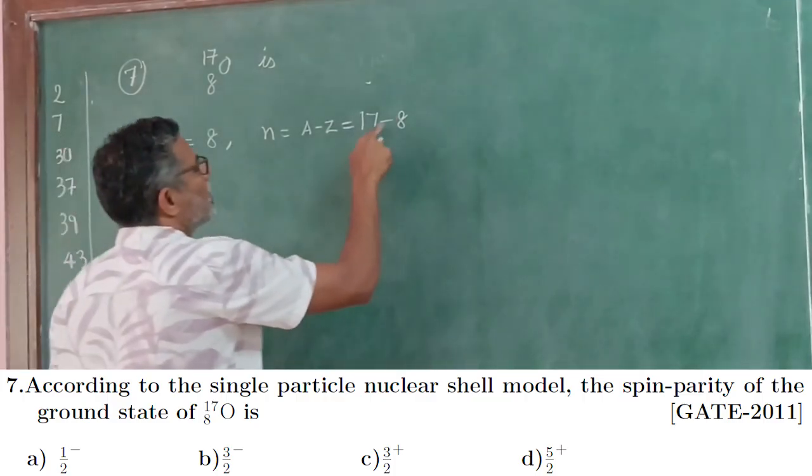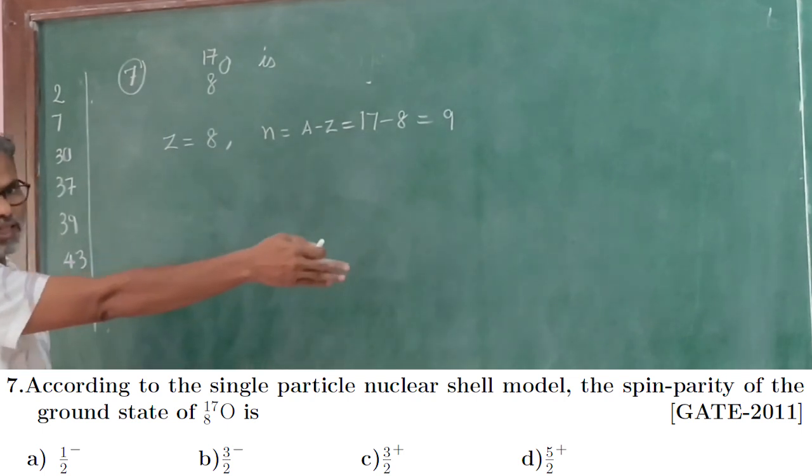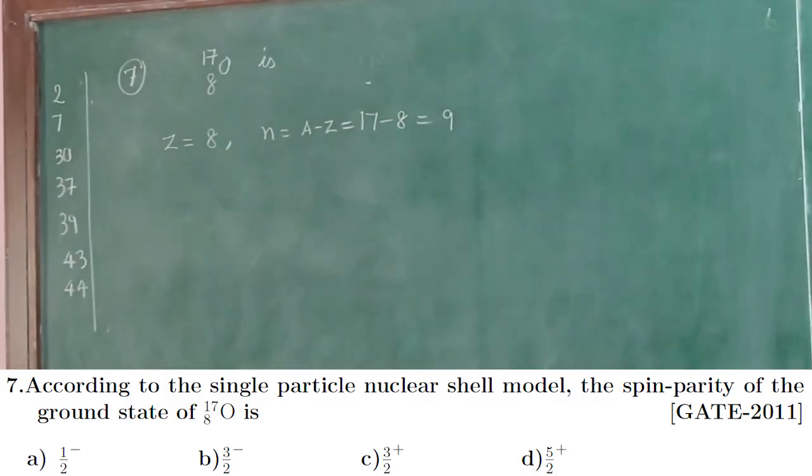So this one is what? How many do you know? 9. So that means it's an odd-even, even and odd mixed. From what we just discussed, up to 8 protons it's completely filled. Now the excess one will go into, you can draw the nuclear energy levels one more time and come to this one.